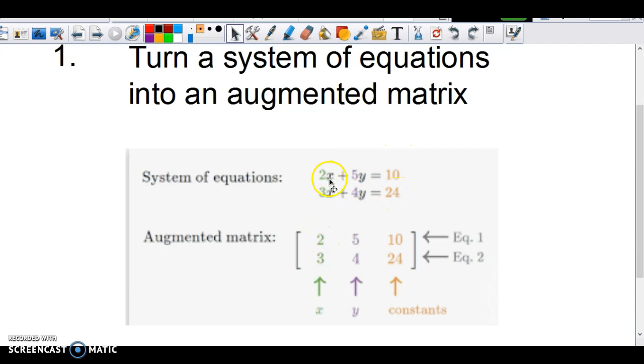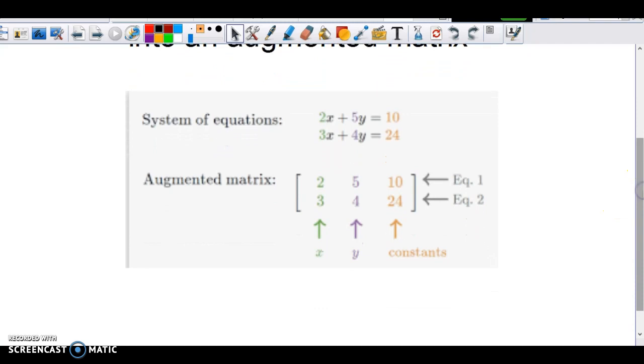So we've got 2x, which turned into 2, 5y turned into 5, 10's 10, okay? It doesn't take a genius to figure out what's happening here. We're just removing the x's and y's, removing the equal signs. This is another way to set it up so that you can solve it using elementary row operations, which we're going to get into another day.